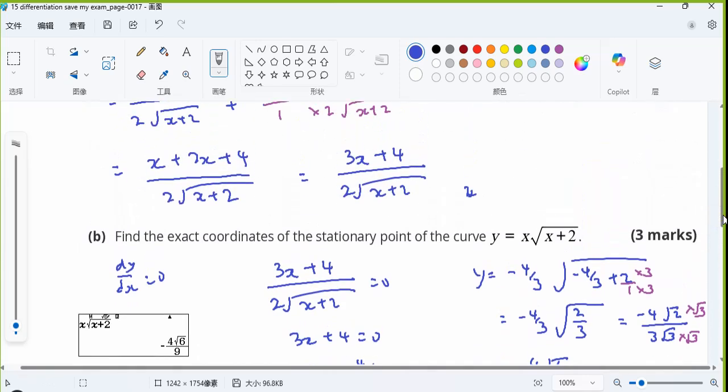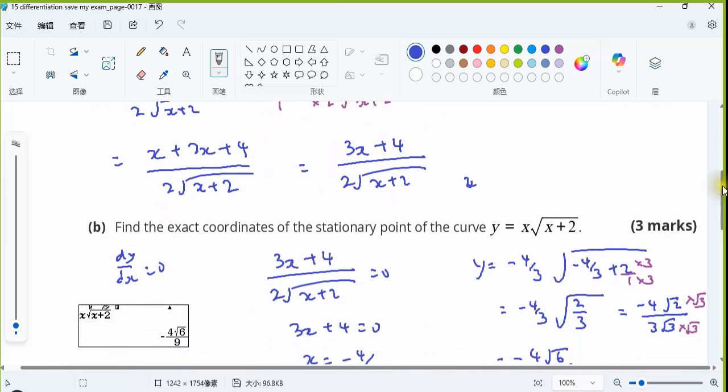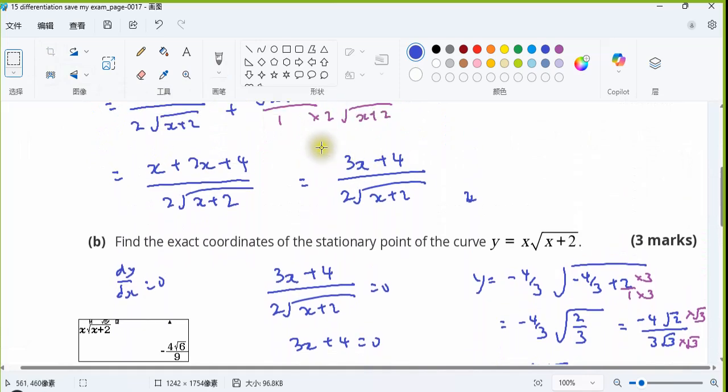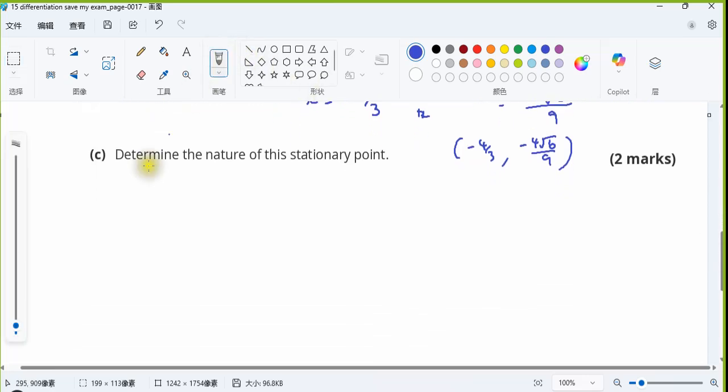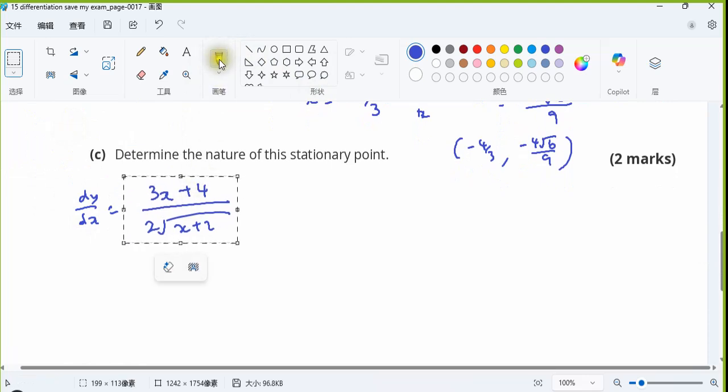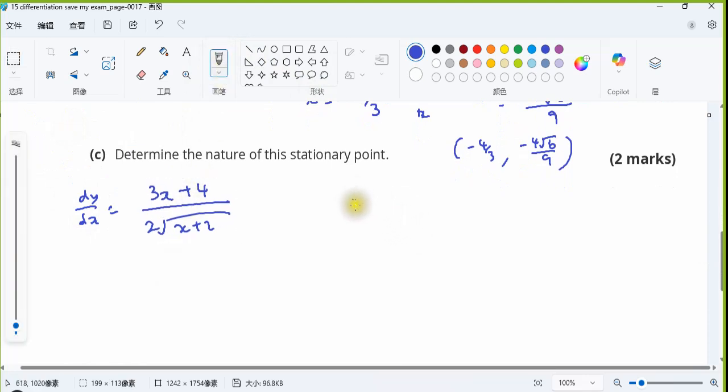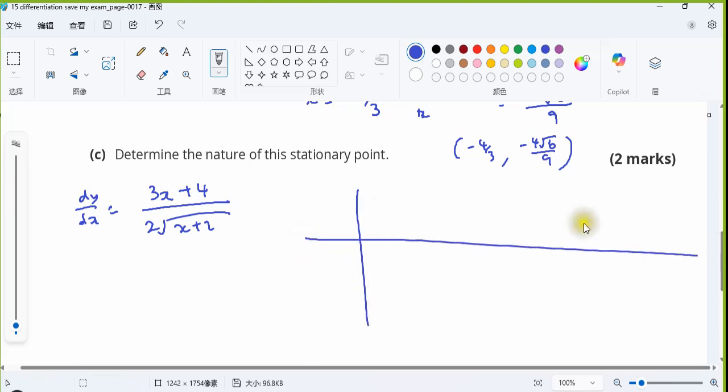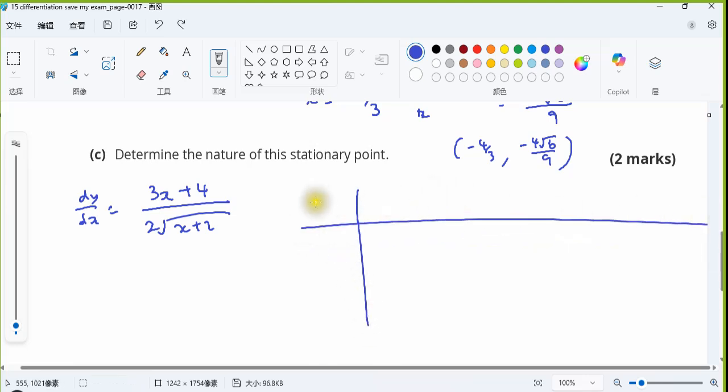So we need to determine the nature. So we know that the first derivative is this. This is the first derivative. If we want to find the second derivative, it will be difficult. So what we do here is we check around x equals negative 4 over 3, where dy/dx is equal to 0.